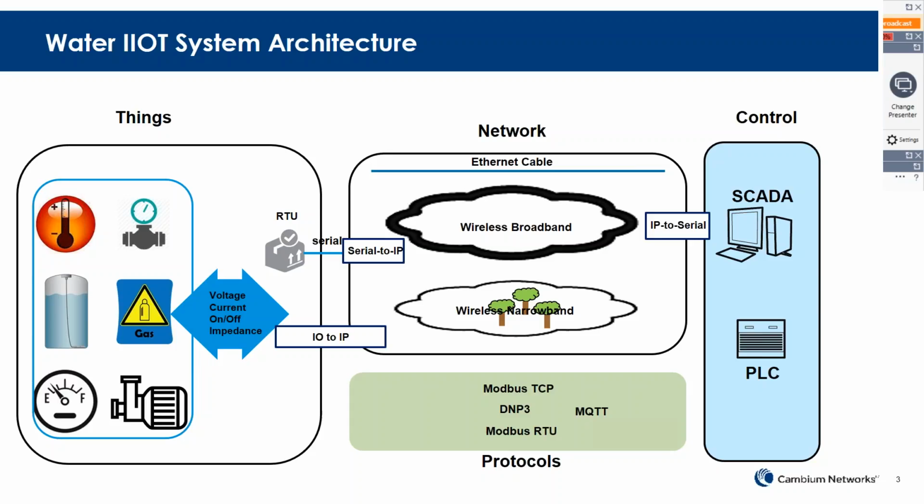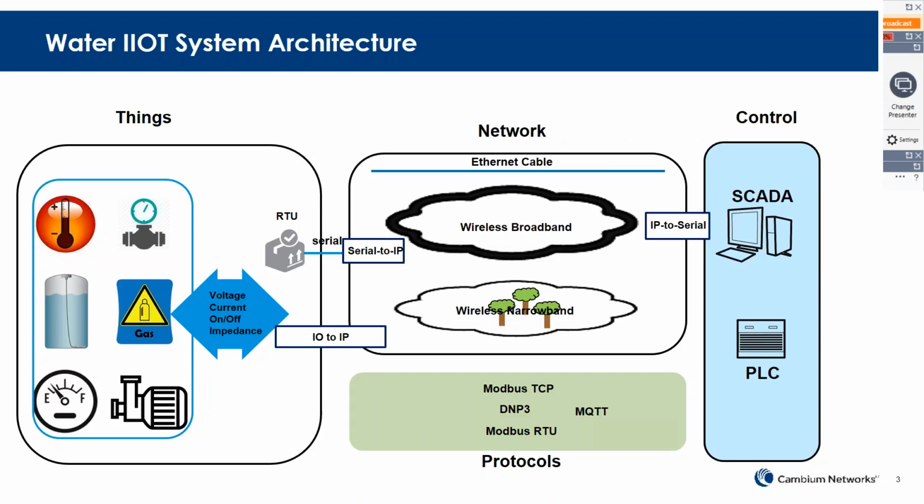It can be connected to an I/O device, and this I/O device will know how to interpret the voltage, the current, the dry contact on and off, and the impedance. The I/O device can be smart enough to handle queries from the SCADA system or PLC.